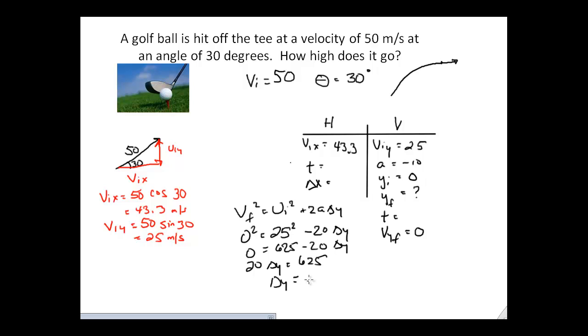So the highest point is 625 divided by 20, which is 31.25 meters.